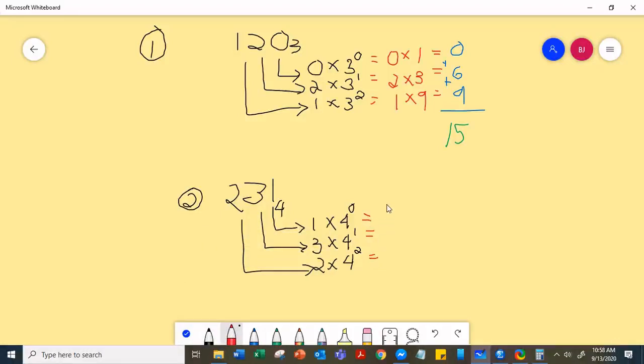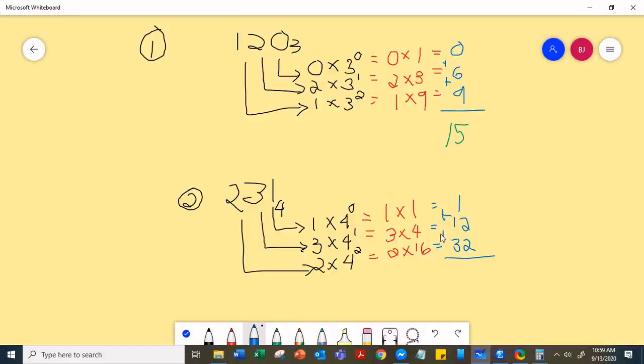We simplify them a bit. 4 raised to 0 is 1. 4 raised to 1 is 4. 4 squared is 16, which is 4 times 4. We get the products. 1 times 1 is 1. 3 times 4 is 12. 2 times 16 is 32.